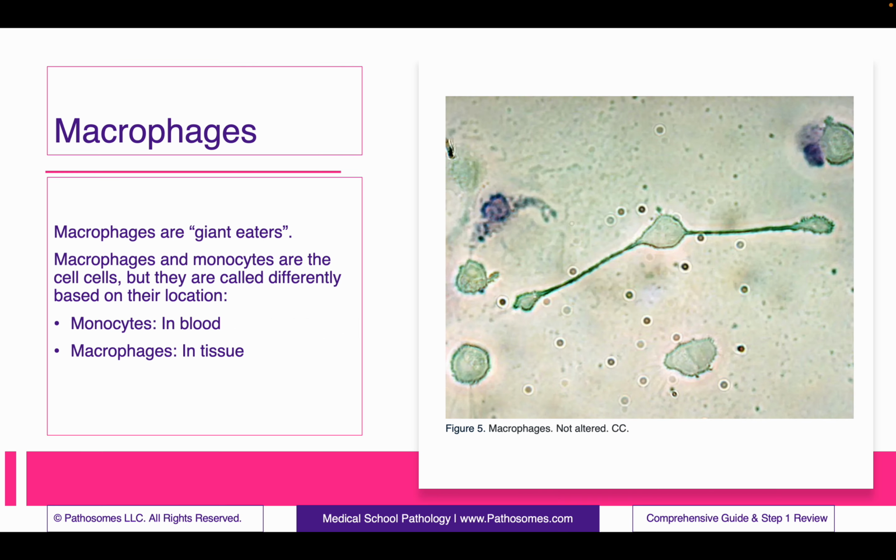Now here's an important cell to be aware of. It's the macrophage, also known as giant eater. Macrophages and monocytes are similar cells, okay, but they are called differently based on their location. If they're in the blood, they're called monocytes. And if they're in the tissue, they're called macrophages.